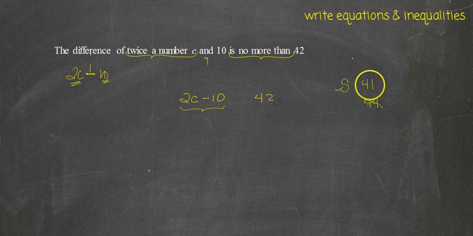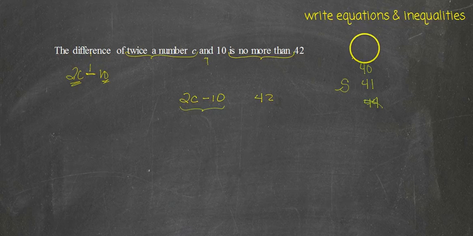So we're seeing a pattern here. What about 40? Could I say 40 is no more than 42? I could say that because it's not even 42. How about 42? Okay, 42 is no more than 42. Well, yeah, it equals 42, so it's not more than 42.